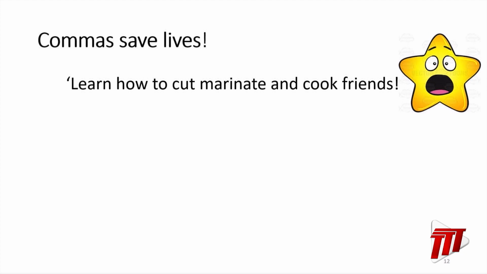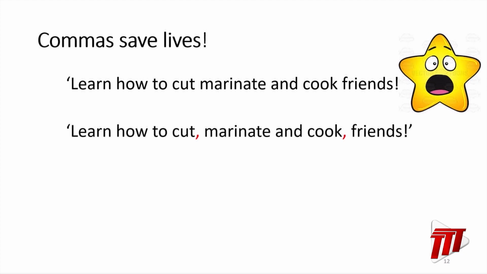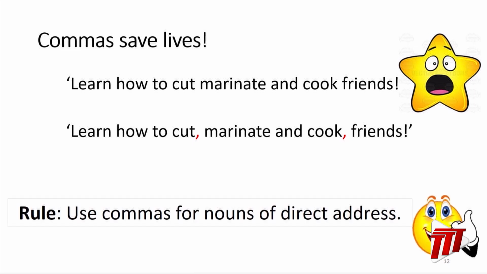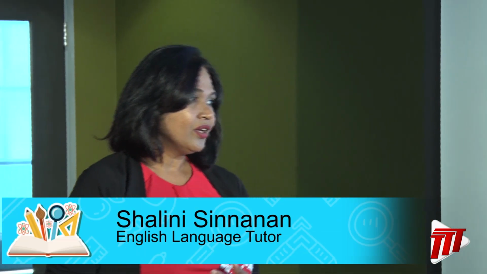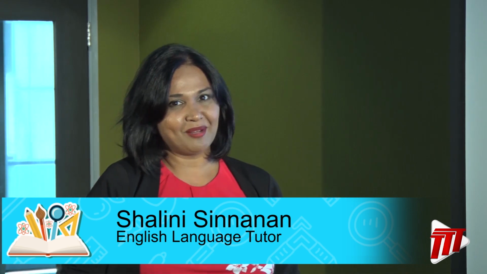Learn how to cut, marinate, and cook, friends. So here we have the two rules in action. Use commas for nouns of direct address, the friends you're directly addressing, and using commas to separate items in a series, to cut, marinate, and cook. So know when to use your commas, whether it's items in a series or you're directly addressing someone.